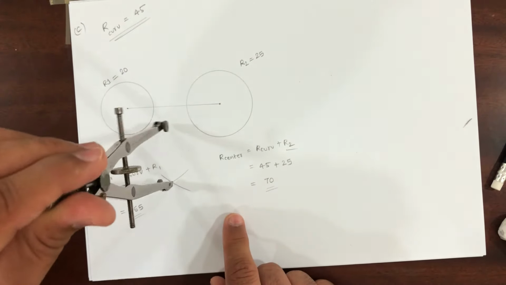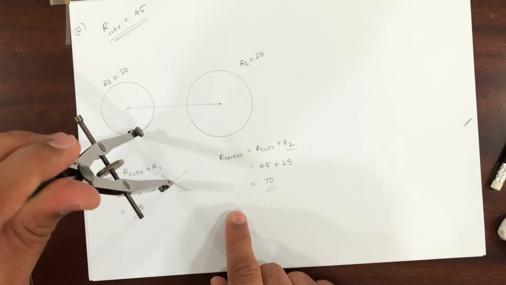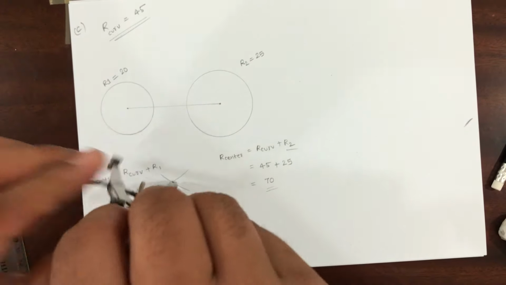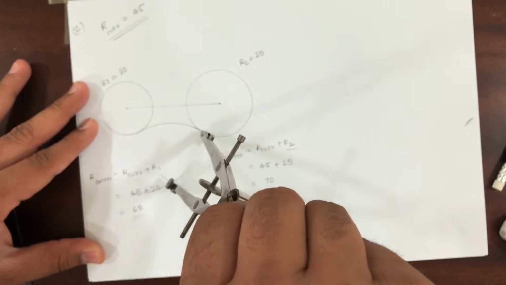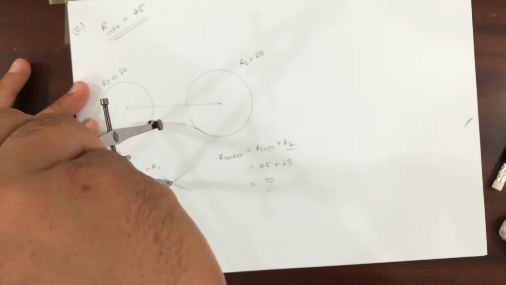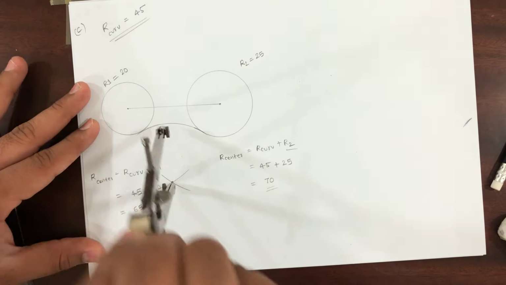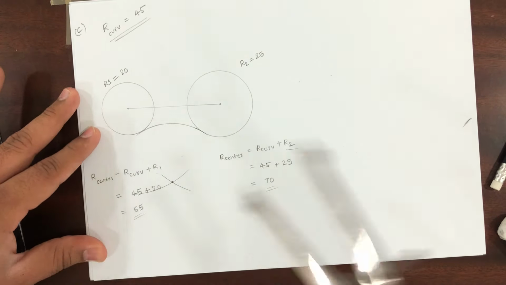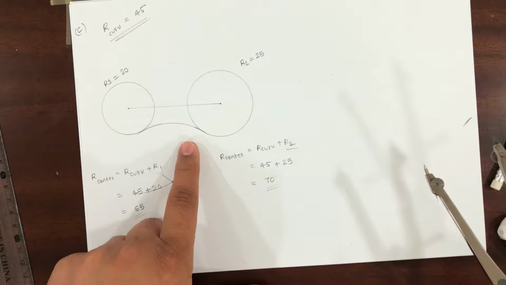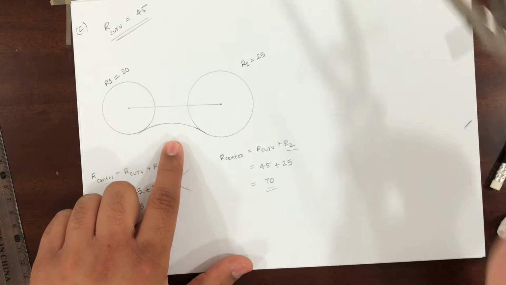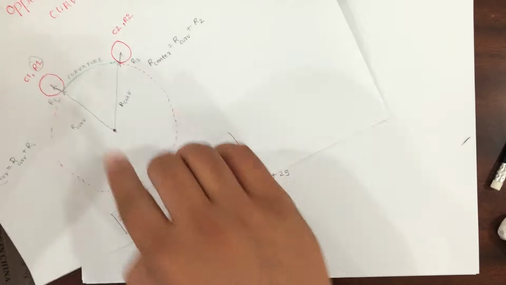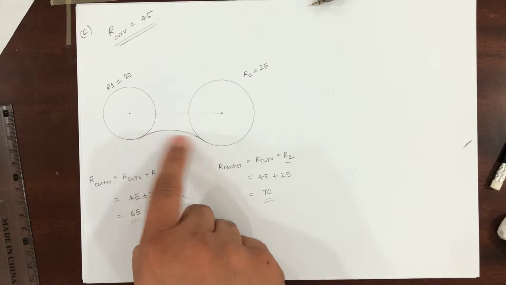Okay, it will just touch the circles like this. So this is the curvature between these two circles. The radius of curvature same. This curvature is this curvature.